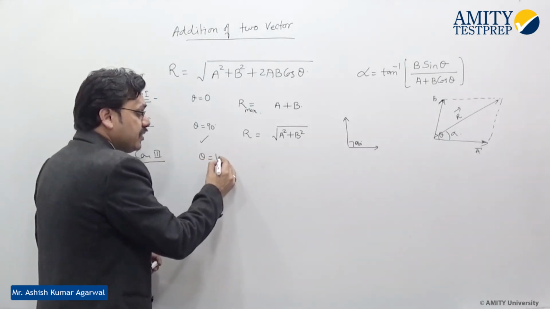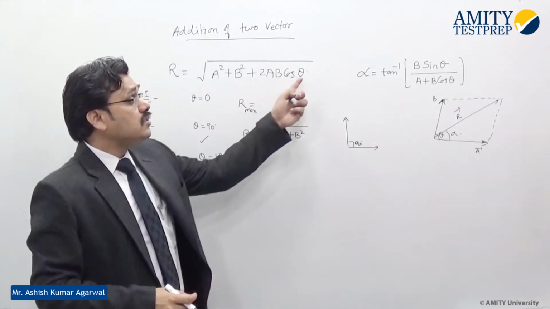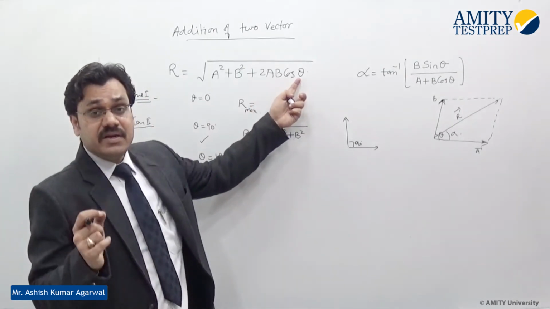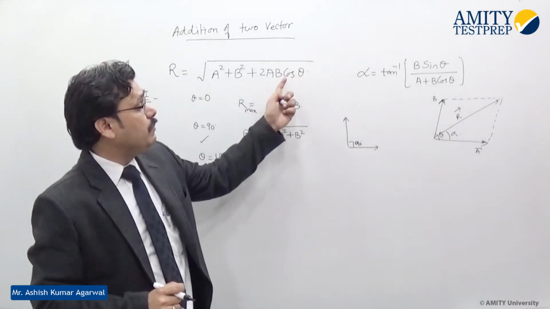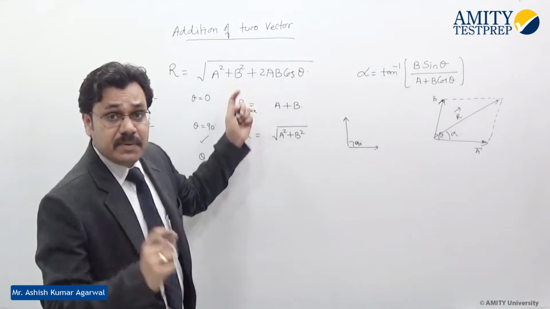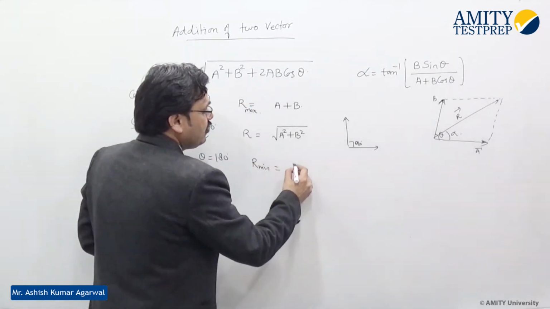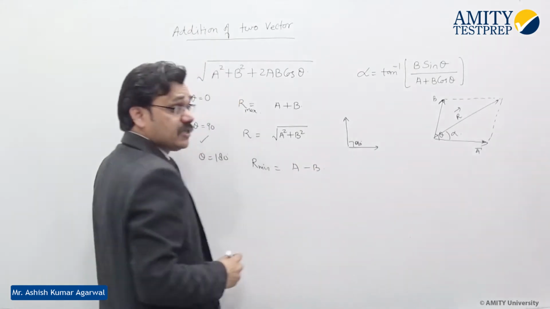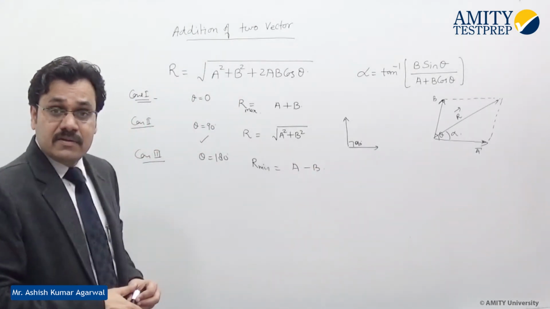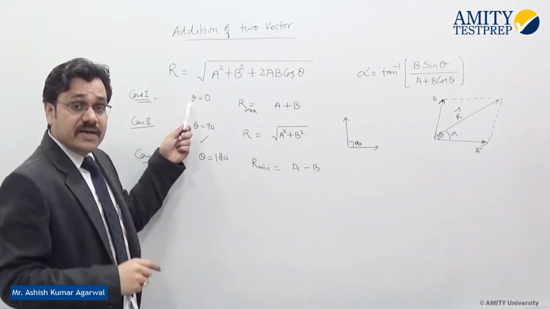Now the third case, if theta is 180, if the two quantities are opposite to each other, cos 180 is -1. If you apply -1 here, you get A squared plus B squared minus 2AB. In that case, R will be minimum, and the minimum value of R will be A minus B. So if theta is 0, R will be maximum.